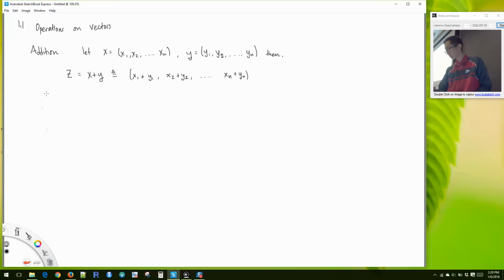This gives rise to the zero vector. We will say that 0_n is defined as 0 all the way up to 0, with n elements of zeros.